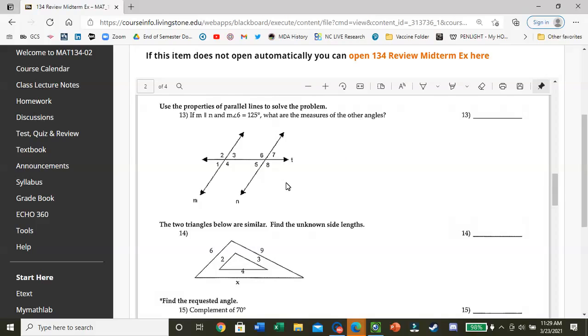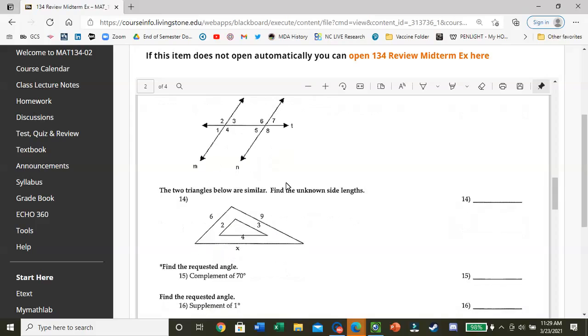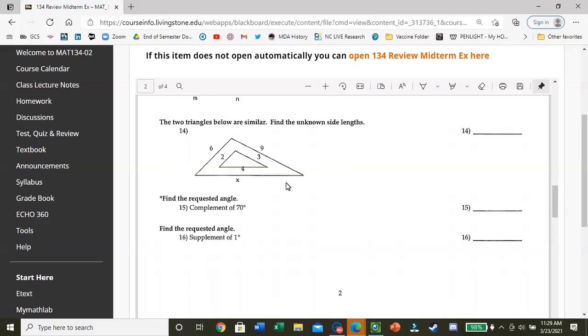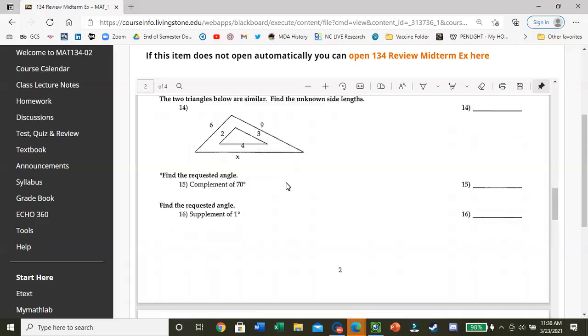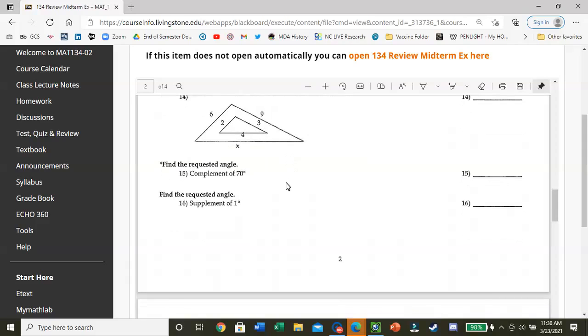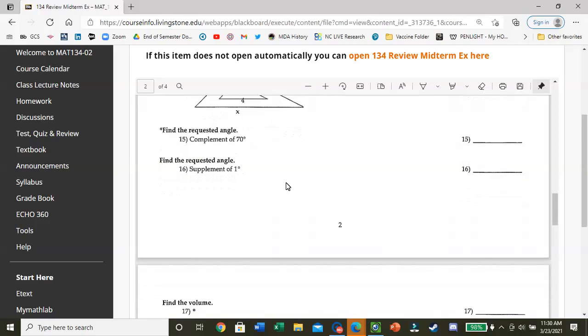Questions there? All right, how about problem 14? Any questions with similar triangles? No? All righty. Let me know. Speak up.